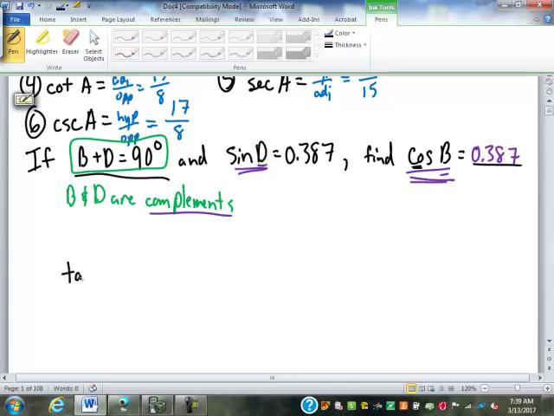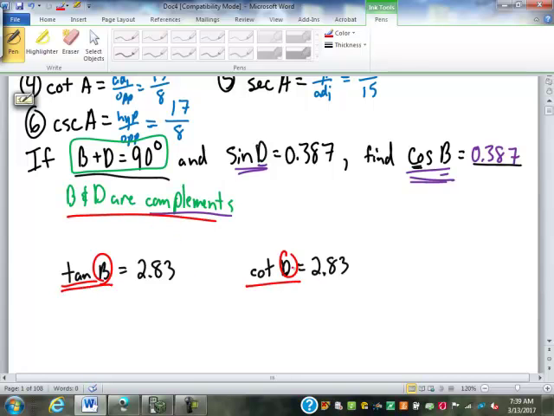If I tell you that the tangent of B is 2.83, what's the cotangent of D have to equal? 2.83, they have to be the same. If they're cofunctions, the function of one has to equal the cofunction of the other. So since B and D are complements, the tangent of B and the cotangent of D will be the same thing.